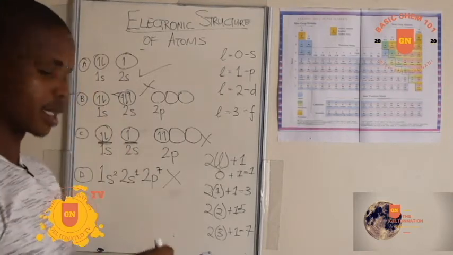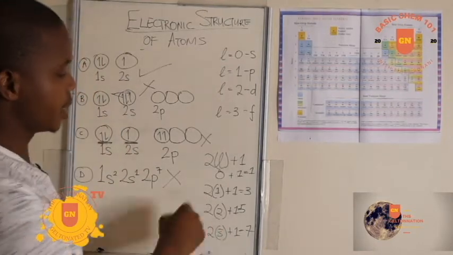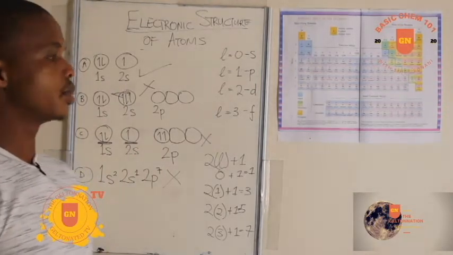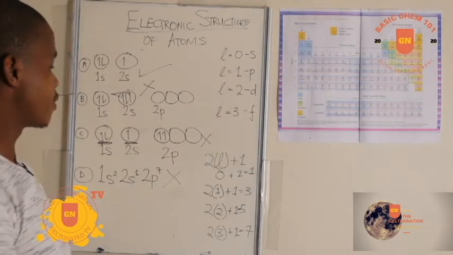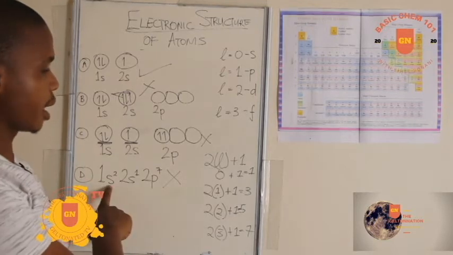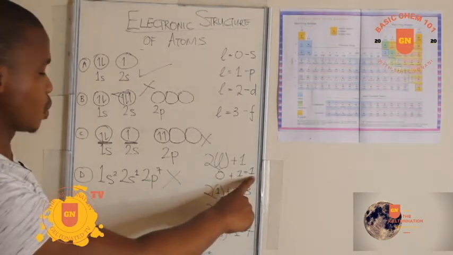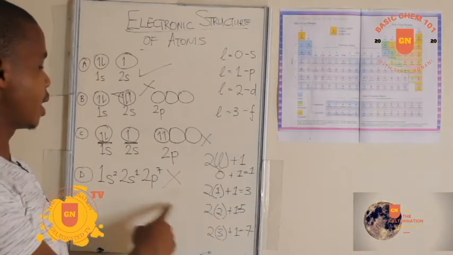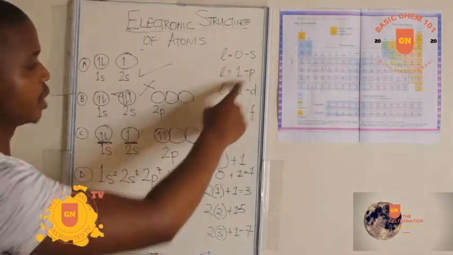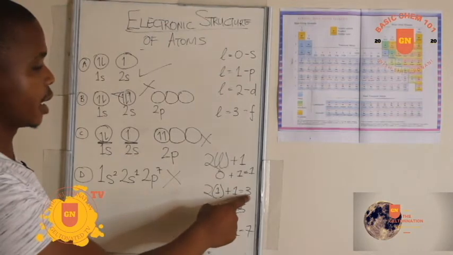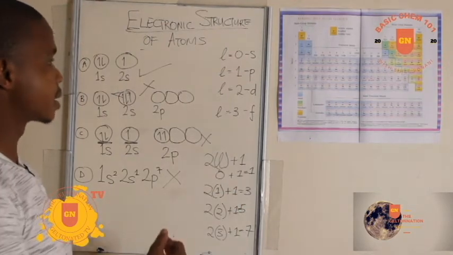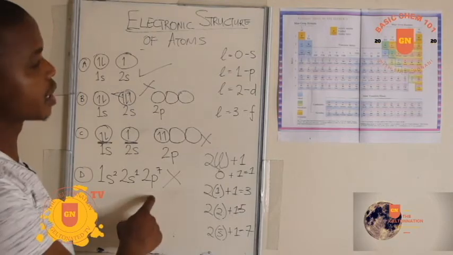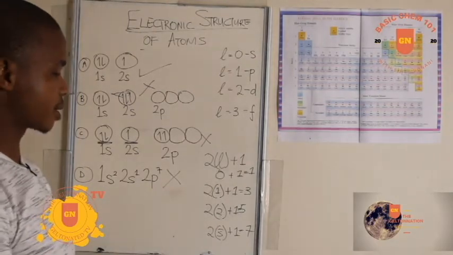Now you know that each orbital in a subshell can accommodate only 2 electrons. So if I am in the s subshell, it's 1 orbital, so I can have 2 electrons. Then if I am in the p subshell, which has 3 orbitals, it means I can have a maximum of 6 electrons.